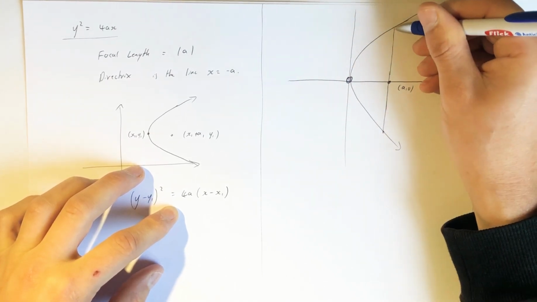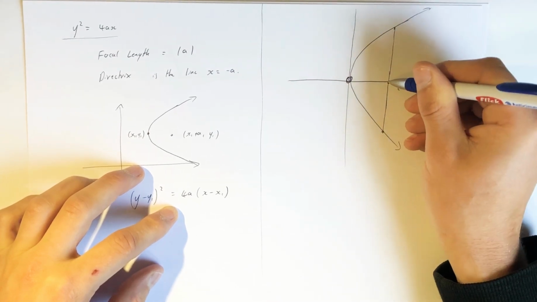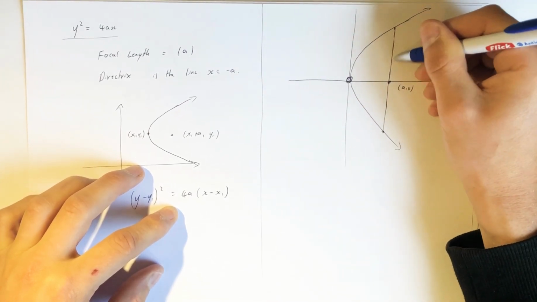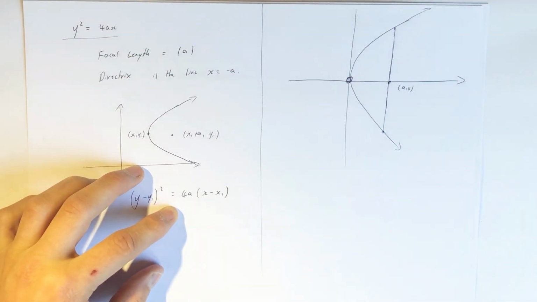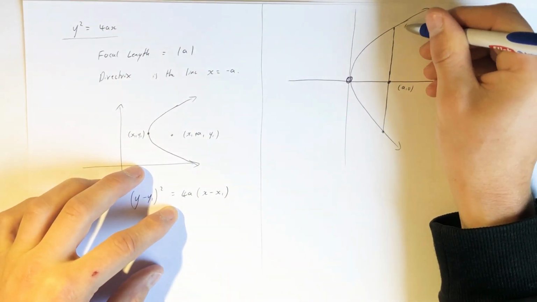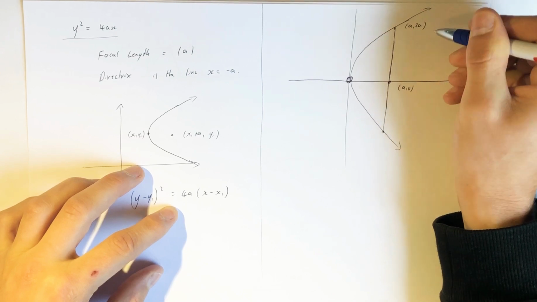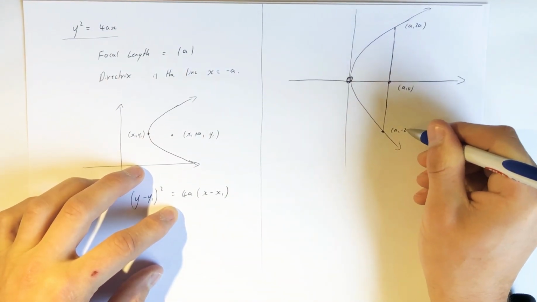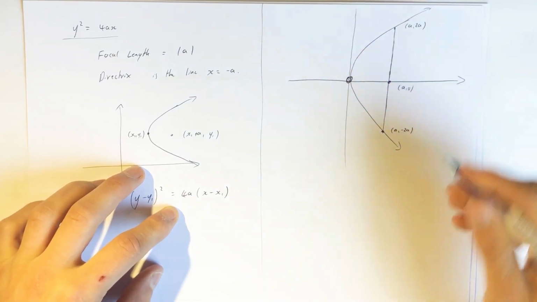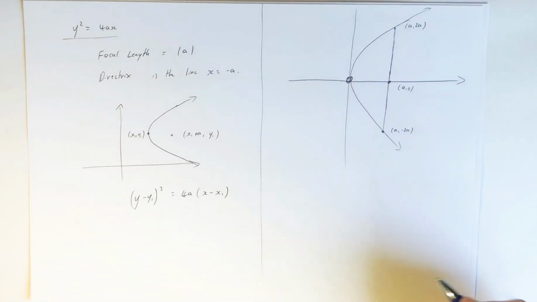Right, this is a nice, neat bit of math, so I won't prove it. Maybe I'll put one up at request. But that line ends at a, 2a, and a, minus 2a. So the line through the focus is really interesting.